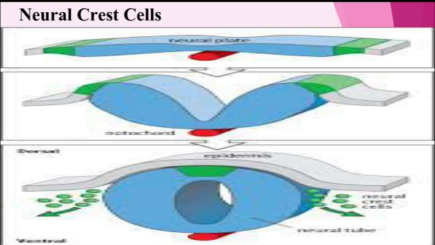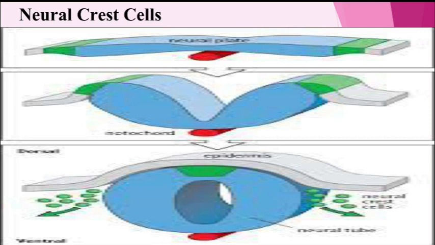As the neural tube is formed, neural crest cells that are formed between the neural tube and the epidermis move laterally and differentiate to give you some other cells that we are going to talk about now.